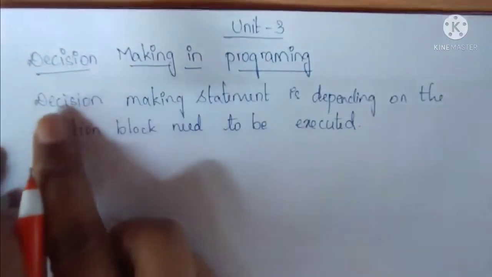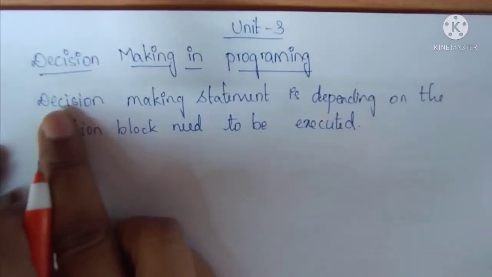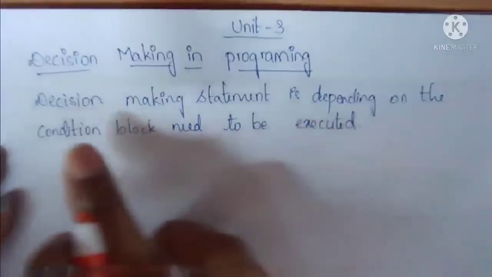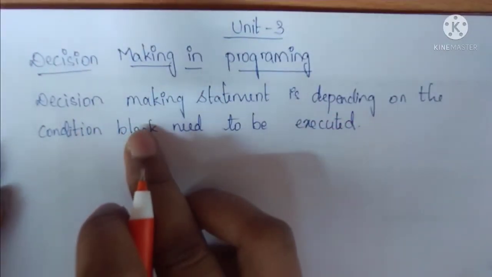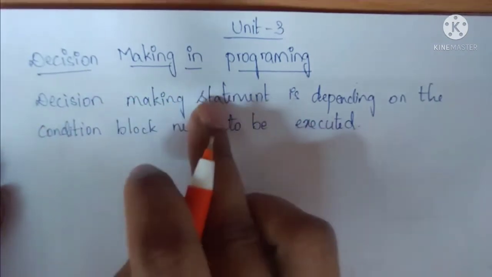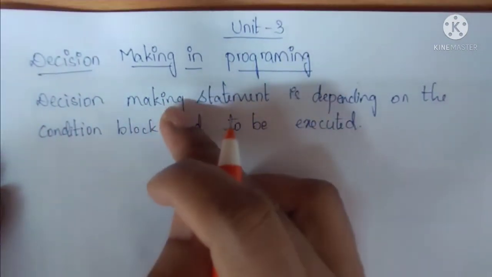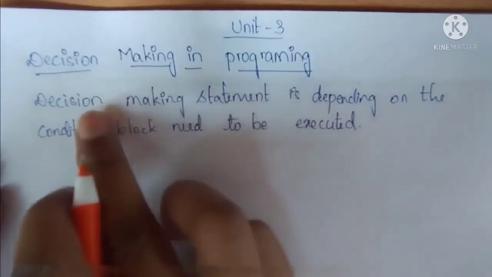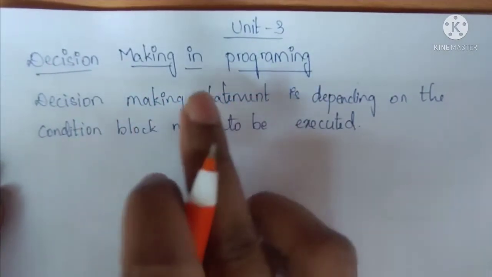This is the definition of decision making. That is, if you want to execute any conditional block in the program, first we have to decide which statement should be executed first. So those decision making statements we will see now.